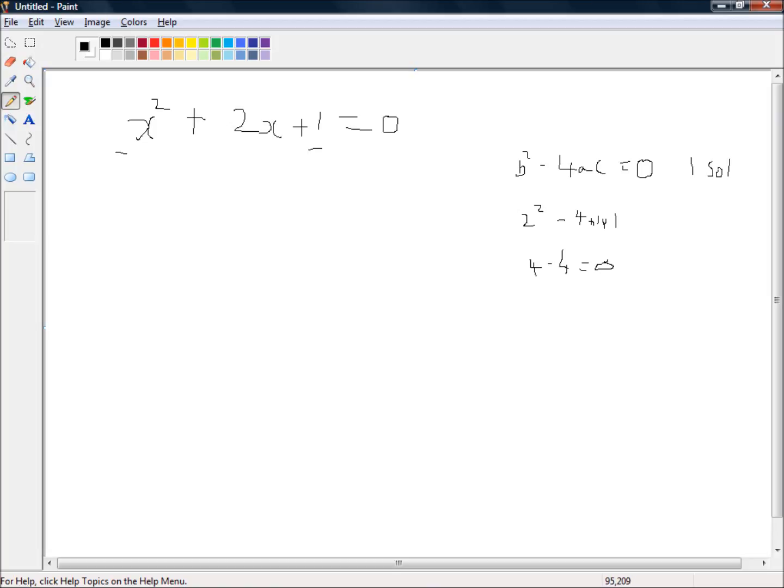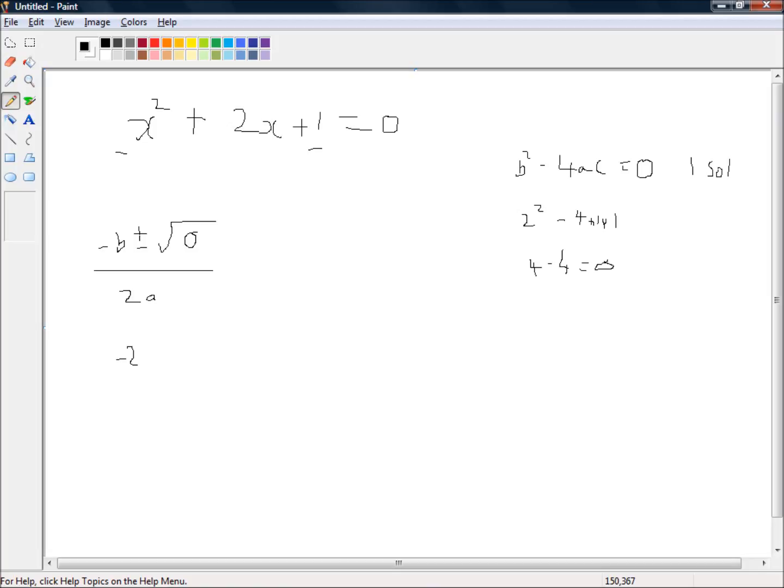So what is that solution? Well, that solution is minus b plus or minus the square root of the discriminant, which in this case we know is 0, all over 2 times a, which is 1. So that's minus b, which is minus 2, plus or minus the square root of 0.